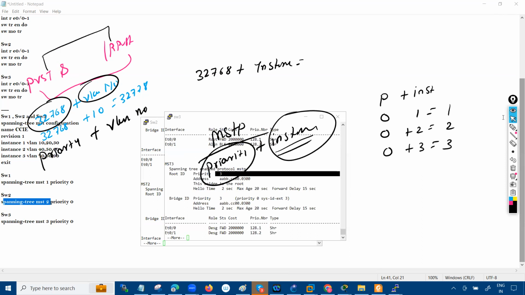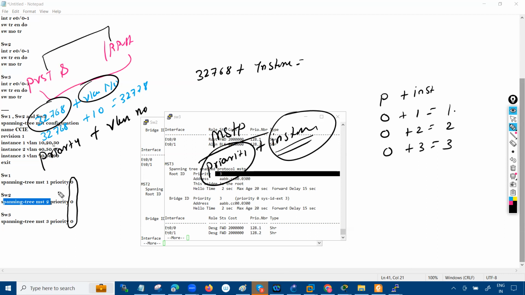All good? So the instance is like a group of VLANs, right? Instance is a group of VLANs. So basically, there is a priority plus the instance number. Can you see that the priorities of all the switches right now? Switch 1 has 0 priority plus instance number 1, right?